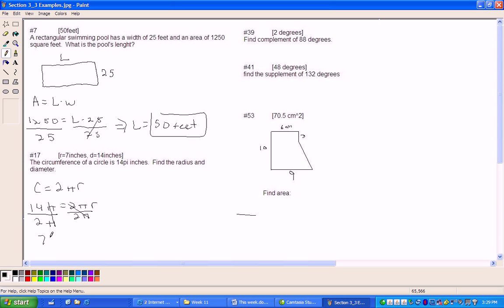Now remember, radius and diameter are related. If we have a circle here, the radius is from the center point to the end. That's what we call radius. Diameter is from the end to the center to the other end. So diameter is equal to 2 times r.